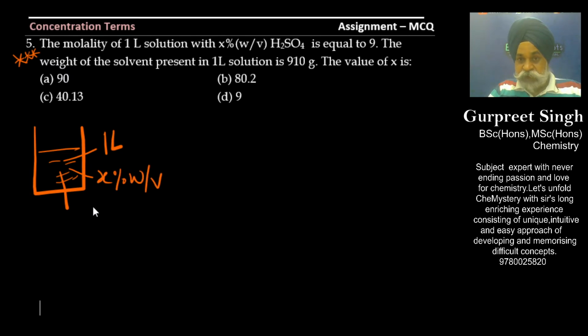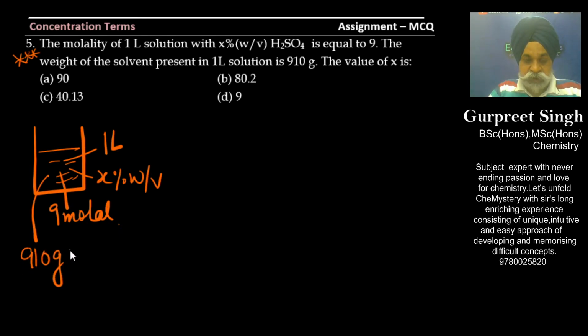X% weight by volume is 9 molal. You are being given 1 liter of sulfuric acid solution whose molality is 9 molal, and in this 1 liter of solution, the amount of solvent present is 910 grams of water.